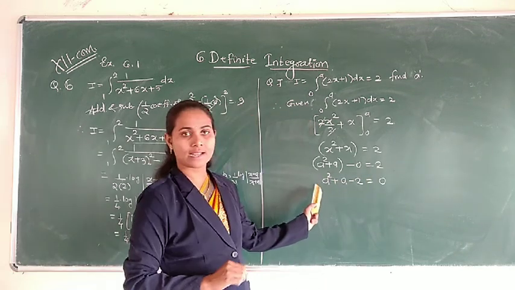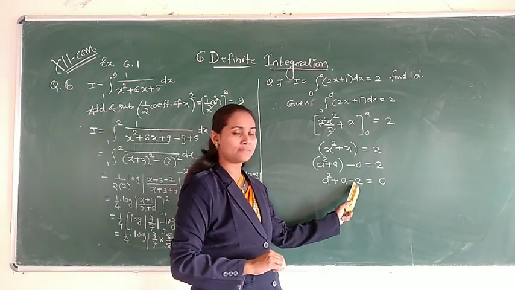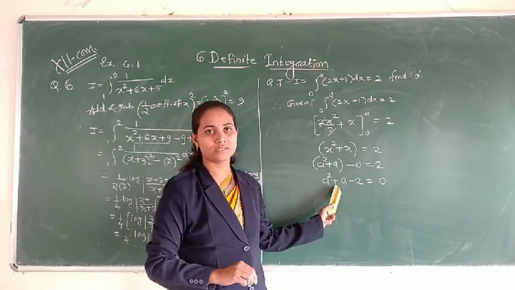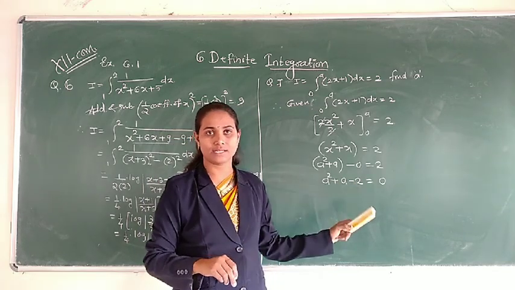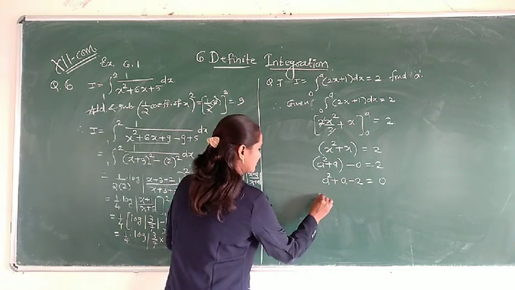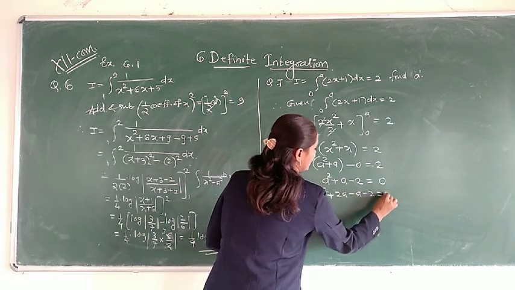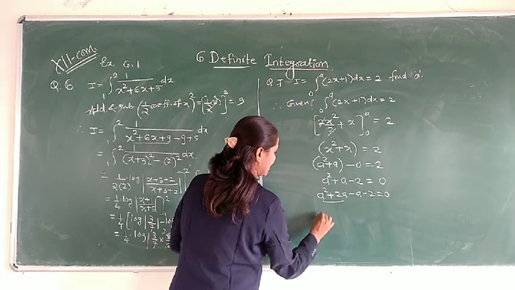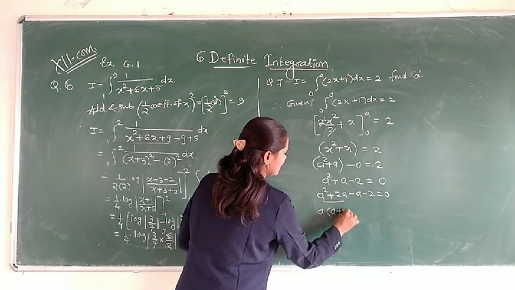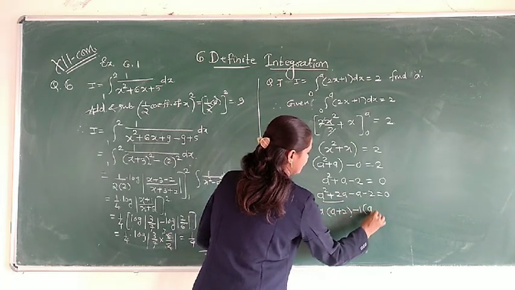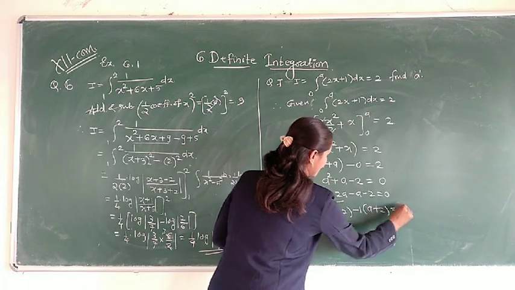Now we have to factorize this equation, where the product is minus 2 and the sum is plus 1. The two numbers are 2 and minus 1, whose product is minus 2. So a square plus 2a minus a minus 2 equals 0. From the first two terms we take a common, a plus 2, and from the last two minus 1, a plus 2, equals 0.